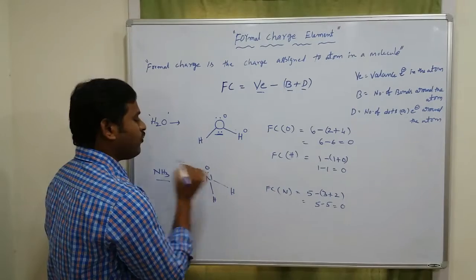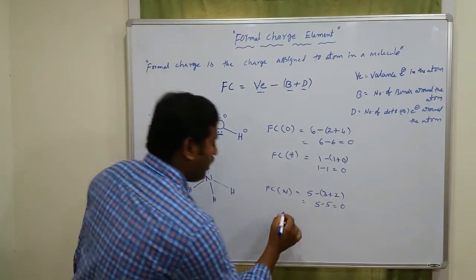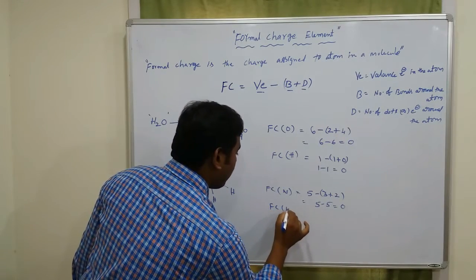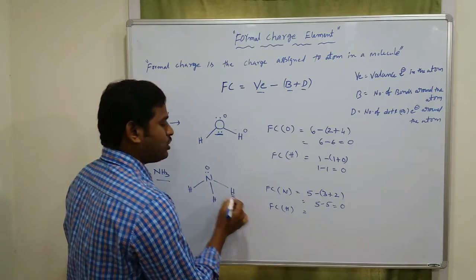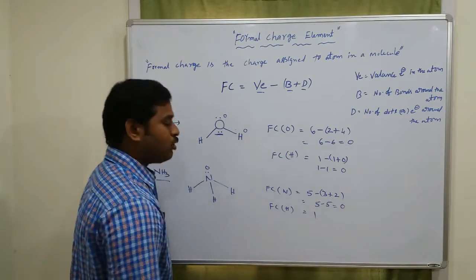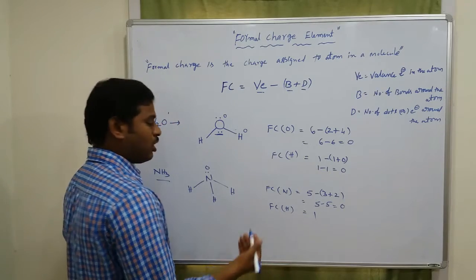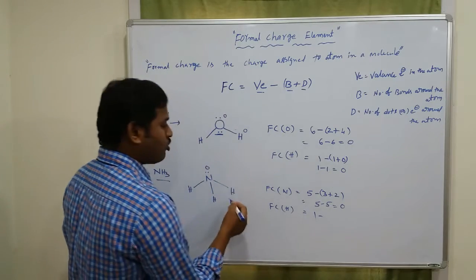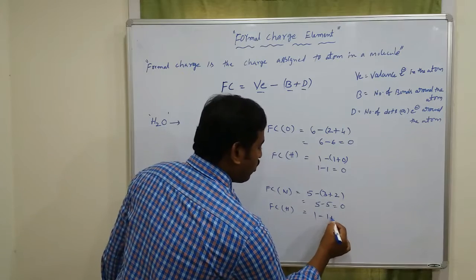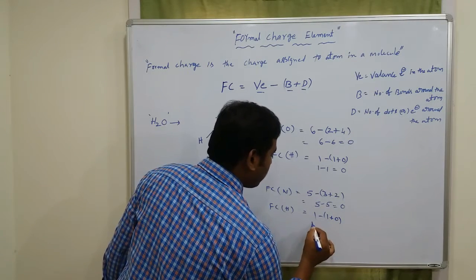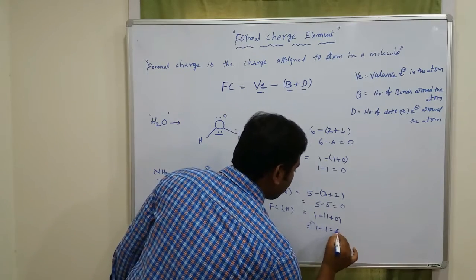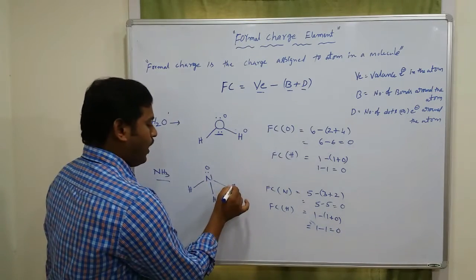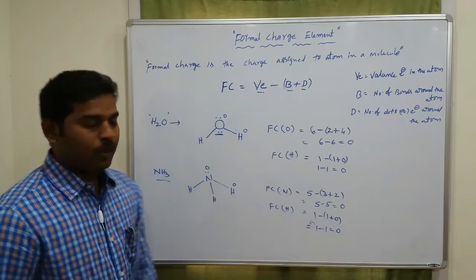On the nitrogen atom the formal charge equals 0. Next, coming to the formal charge of hydrogen: hydrogen's group number, or valence electron, is 1. Around that hydrogen there is only 1 bond and no electrons, so 1 minus 1 equals 0. So hydrogen formal charge is also 0 in the molecule.